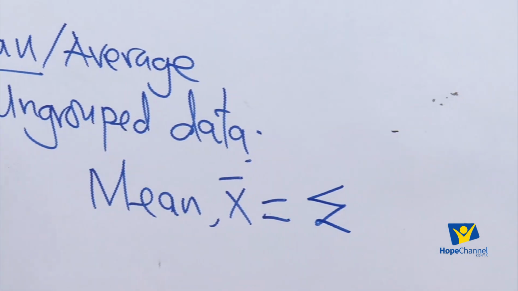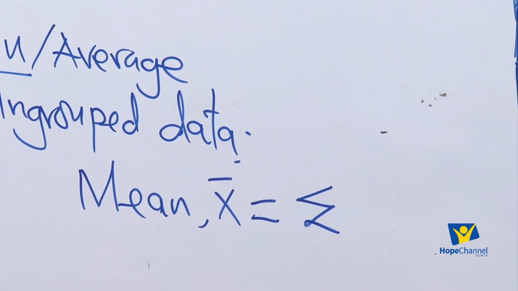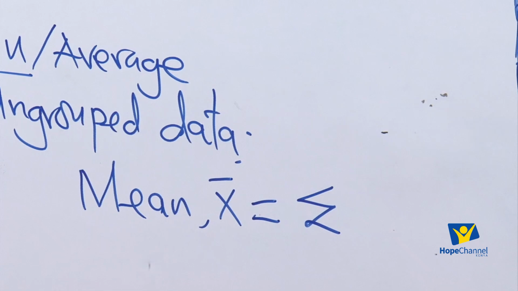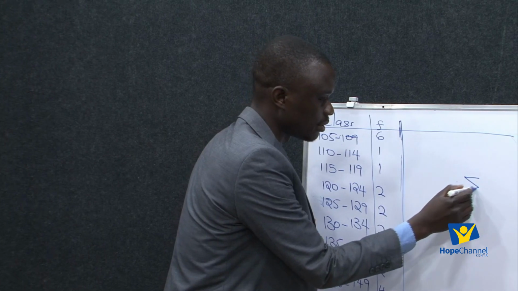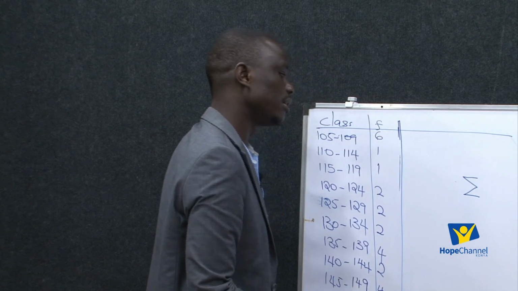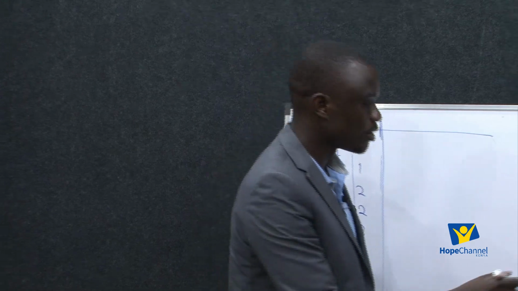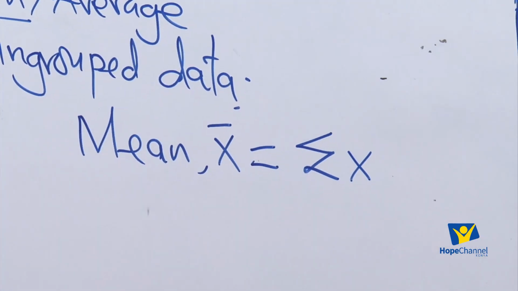the sum. We use that Greek symbol, which is always called sigma. Some people know how to write it well, and some people do not, so somebody will write it this way. Whichever way, it is read as sum. So, sum of x.